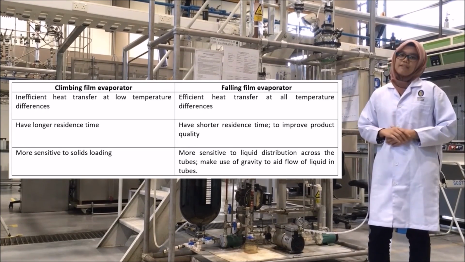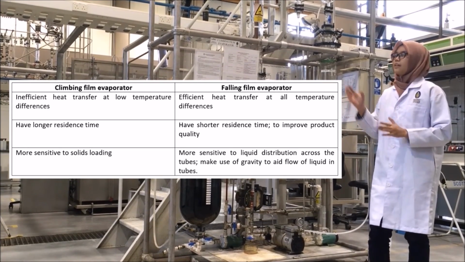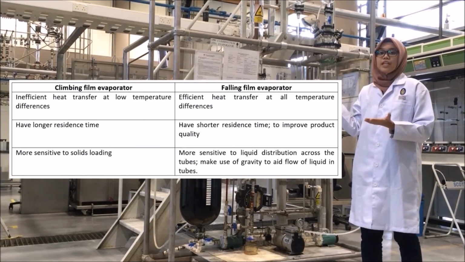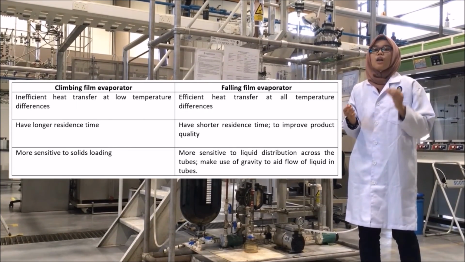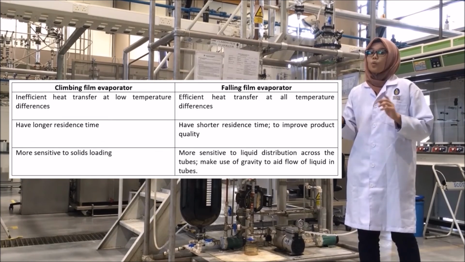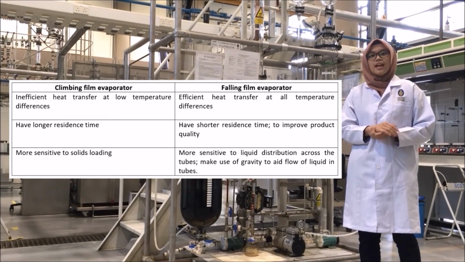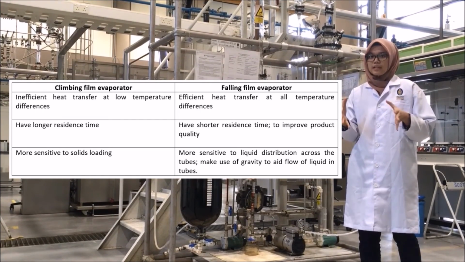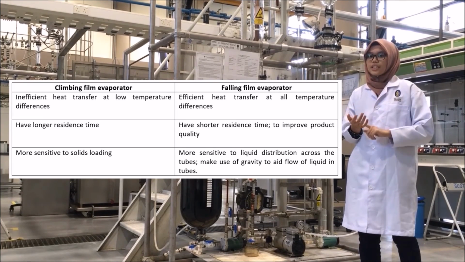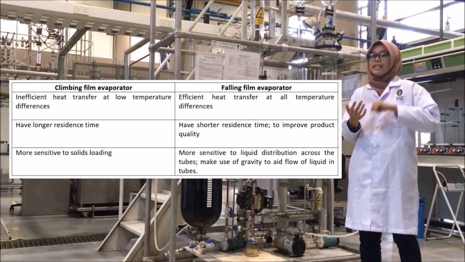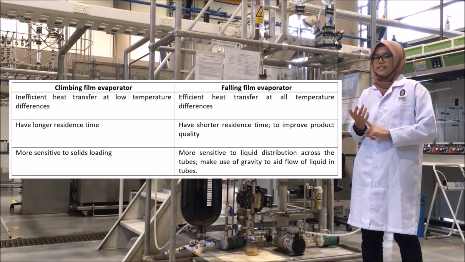For the second comparison, the climbing film evaporator has a longer residence time, while the falling film evaporator has a shorter residence time. A shorter residence time can improve the product quality.